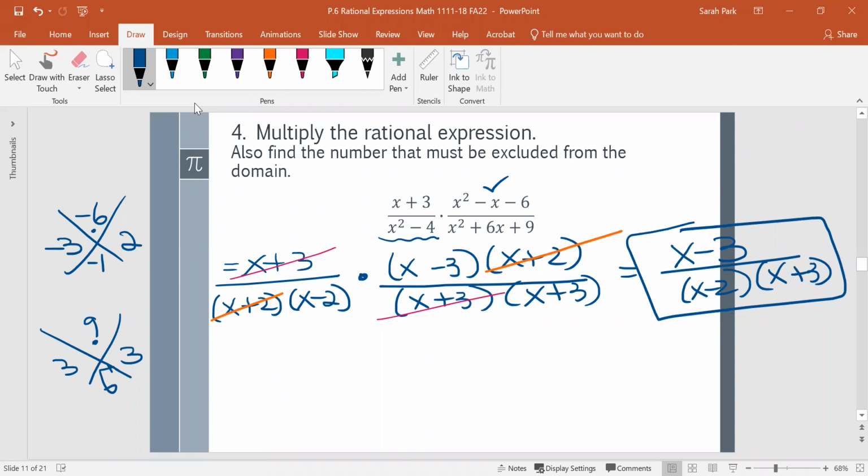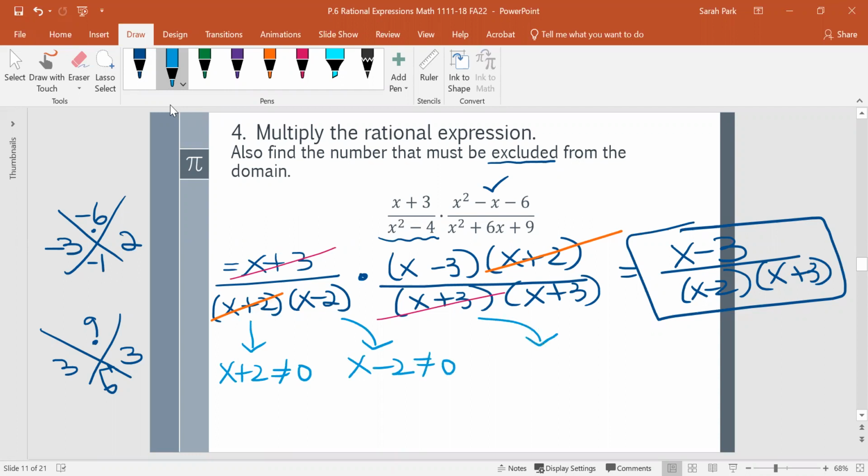Now, don't forget that we do still have to find the numbers to exclude. The way we do that is you have to look at the original problem before you cancel out anything. So take a look at x plus 2. We're going to say, all right, that can't equal 0. We have to also do that with x minus 2. That can't be 0. And also x plus 3.